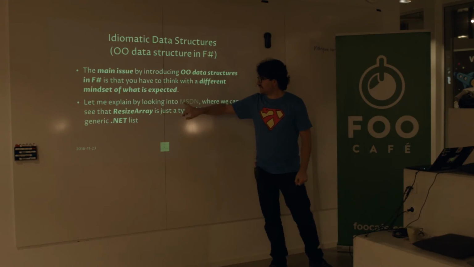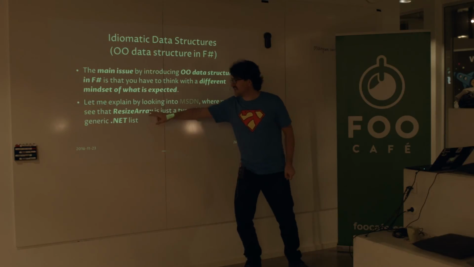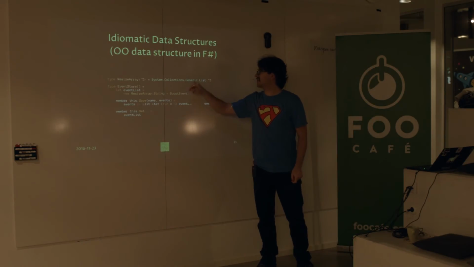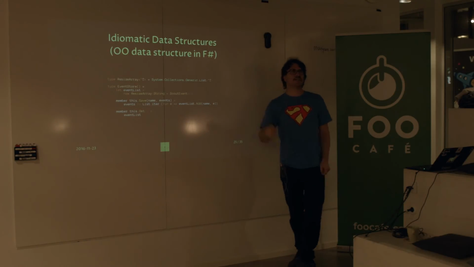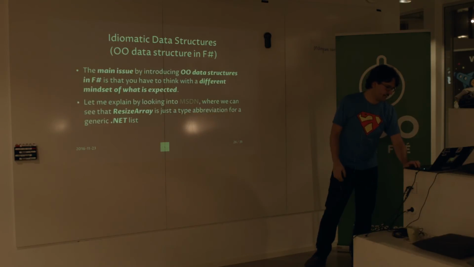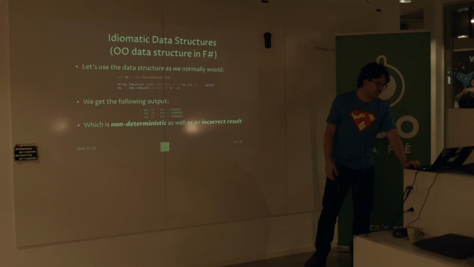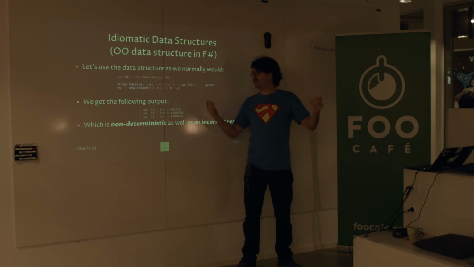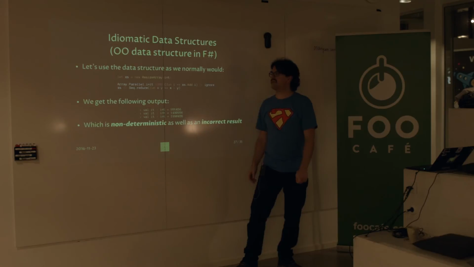So what happened here with the resize array, if we look back a second, we can see that it's just called collection and it's just a generic list. So we allocate something in the heap, we add elements, and that just keeps growing. Now, I just downloaded your module, and I would like to call your data structure as I would do with all the other data structures that are in F#.